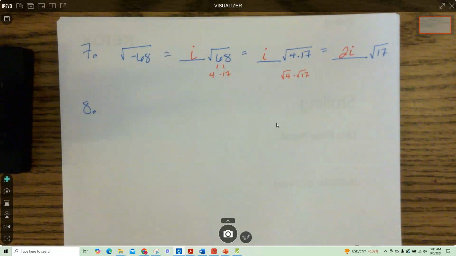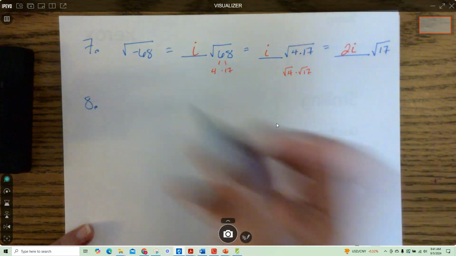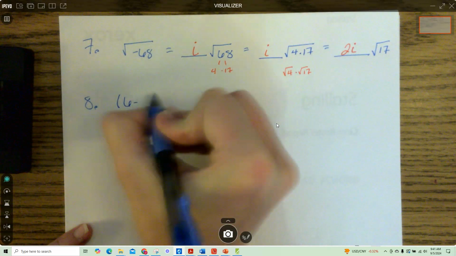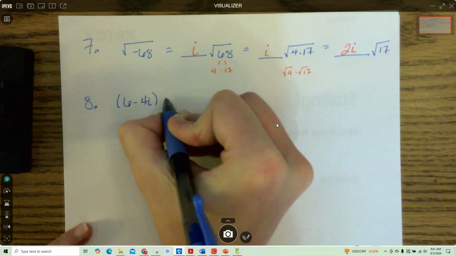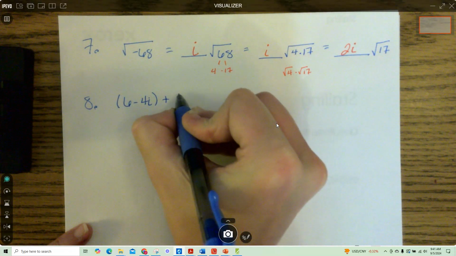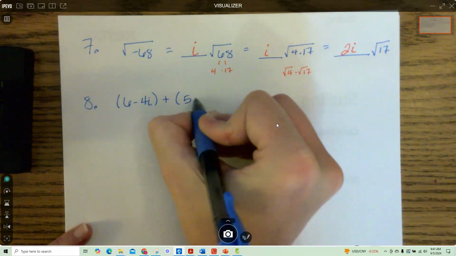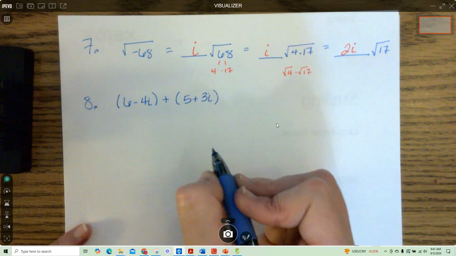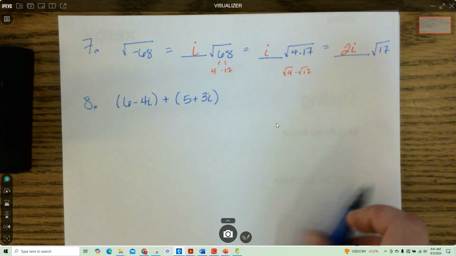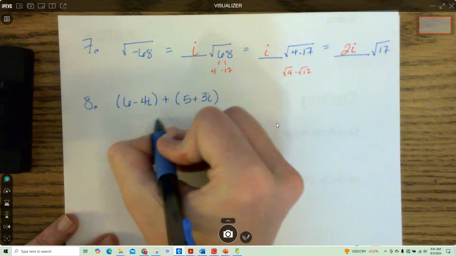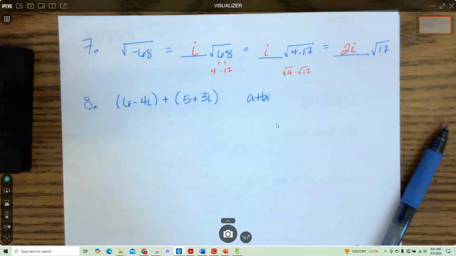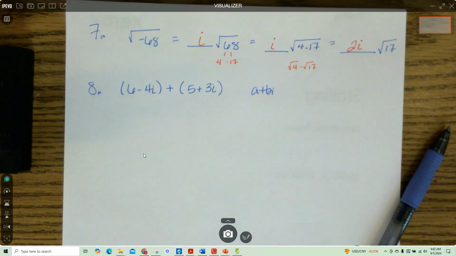All right, Joseph, what's your number 8? Number 8, it's parentheses 6 minus 4i plus parentheses 5 plus 3i. And then it wants you to add those two? It says write the expression in standard form a plus bi. Okay, a plus bi.